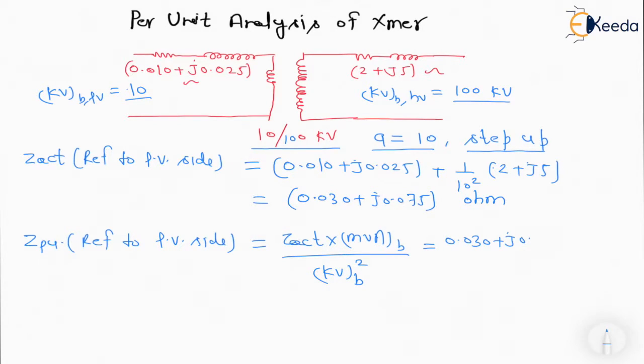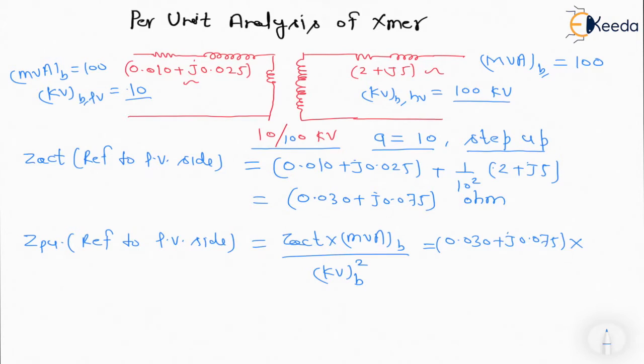So here we know the actual value, 0.030 plus j0.075, into MVAb. MVAb we can take any value, and that will be the same for both sides. So MVAb let us take 100, and the same will be here also. MVAb of HV will also be equal to 100. We know the base MVA will be the same for the entire circuit.